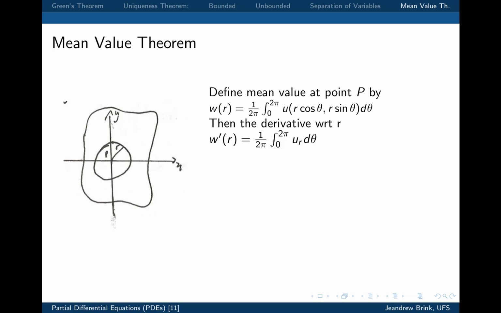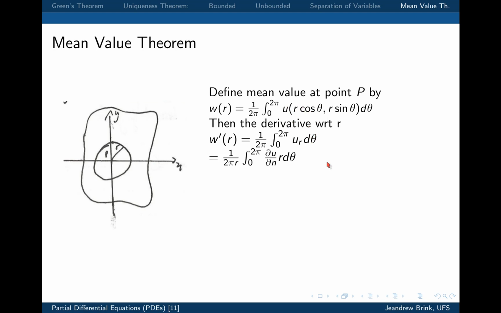And so let's work out what the derivative of W of R is with respect to R using just this definition. The derivative of W with respect to R is the derivative of U with respect to R times d theta, because R just enters there, and you simply have to take the derivative.